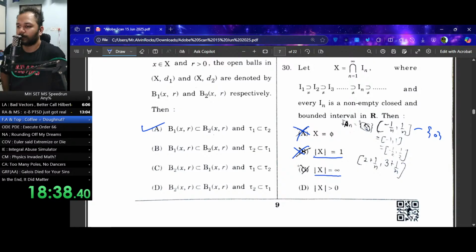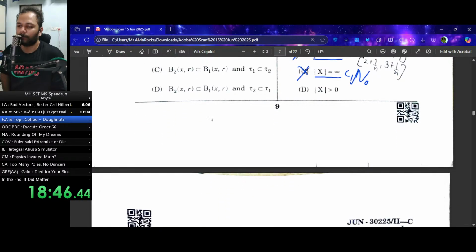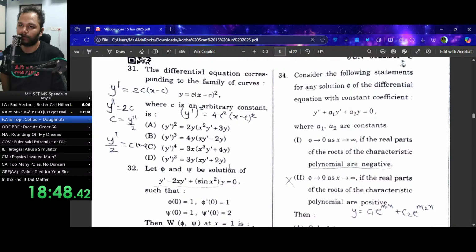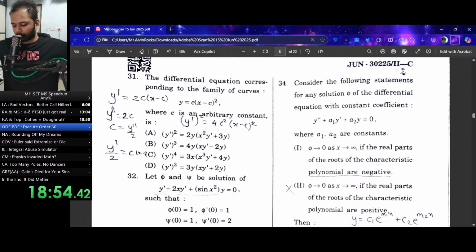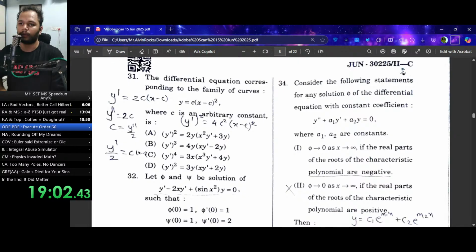Cardinality is not strictly infinity either; infinity is not even a cardinality. There are C and aleph naught, continuum and aleph naught are there. So not possible. Okay. Moving on to ordinary differential equations. It's ODE and PDE. Okay.